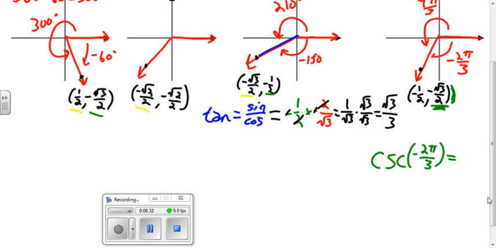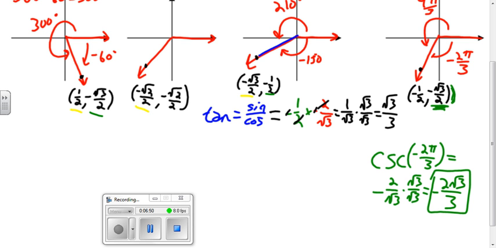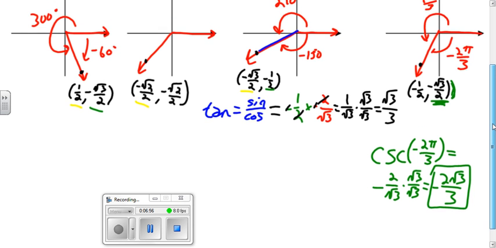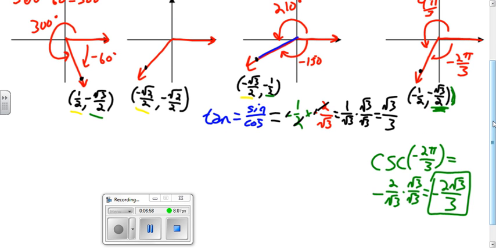So it's going to come out to negative 2 over root 3. Again, we don't want to leave radicals in the denominator, so we have to rationalize, multiply by root 3 over root 3. So our answer is going to come out to negative 2 square roots of 3 over 3. And again, thankfully, since we have this wonderful unit circle, we can figure that out without having to punch anything into the calculator. Isn't trig great?